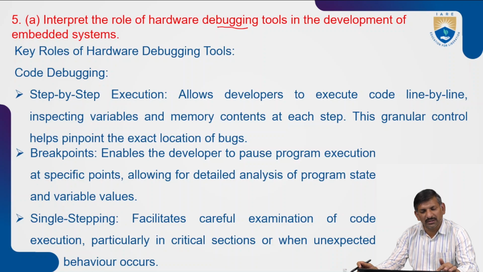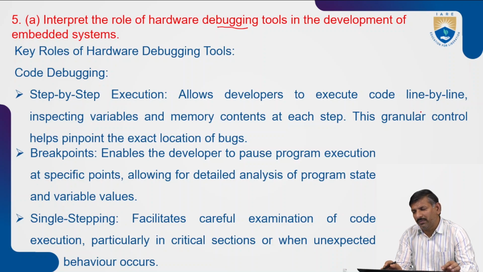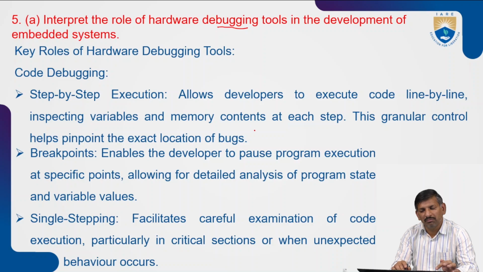So how can we debug here? Step by step execution allows developers to execute code line by line, inspecting variables and memory contents at each step. This granular control helps pinpoint the exact location of bugs.